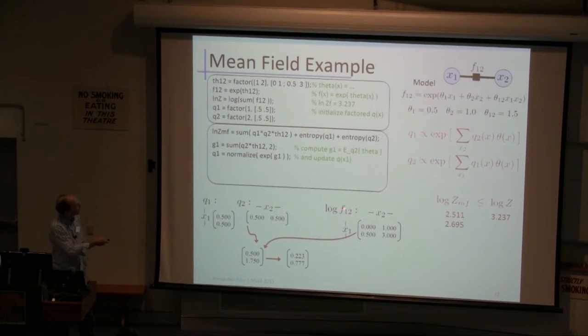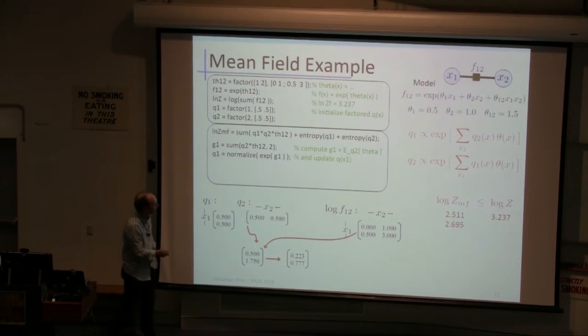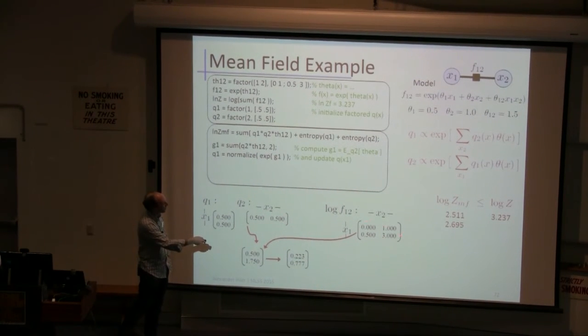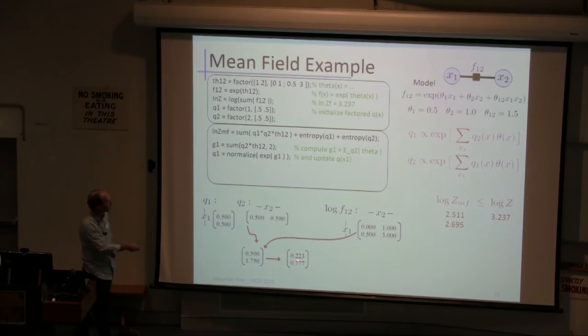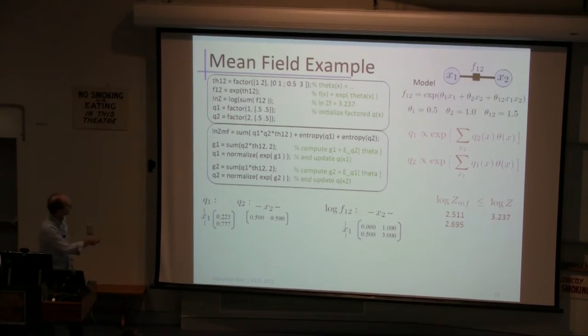Then with coordinate ascent, what we can do is fix Q2 and take the expectation of our neighbor factor over that to get a function of x1. If you exponentiate and normalize that to be a distribution, you'll get your updated version of Q1. So we update Q1 to be that.